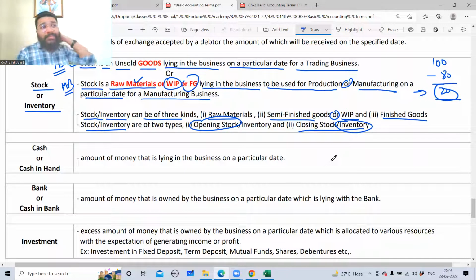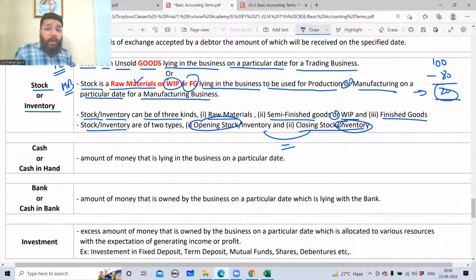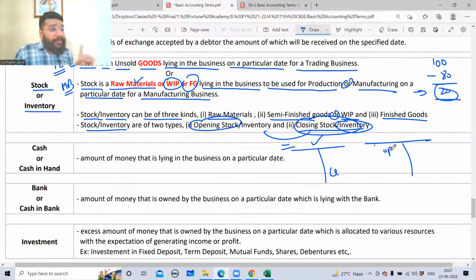Yes, boss. So can you tell that opening stock is always equal to closing stock? Opening stock and closing stock will be 100% the same, because whatever is the closing of the previous day will be the opening of the next day. It has to be the same, no doubt. But value wise, for example, closing stock of the current year will be the same as opening stock of next year.